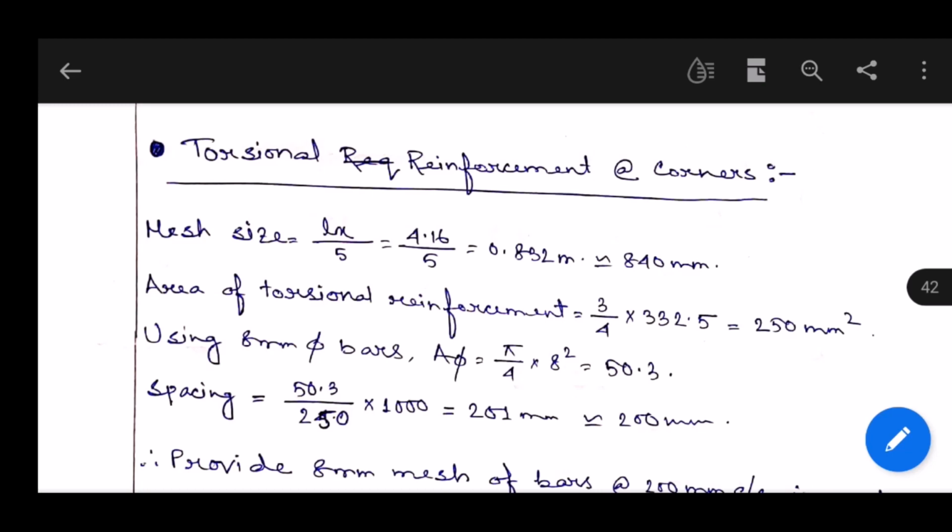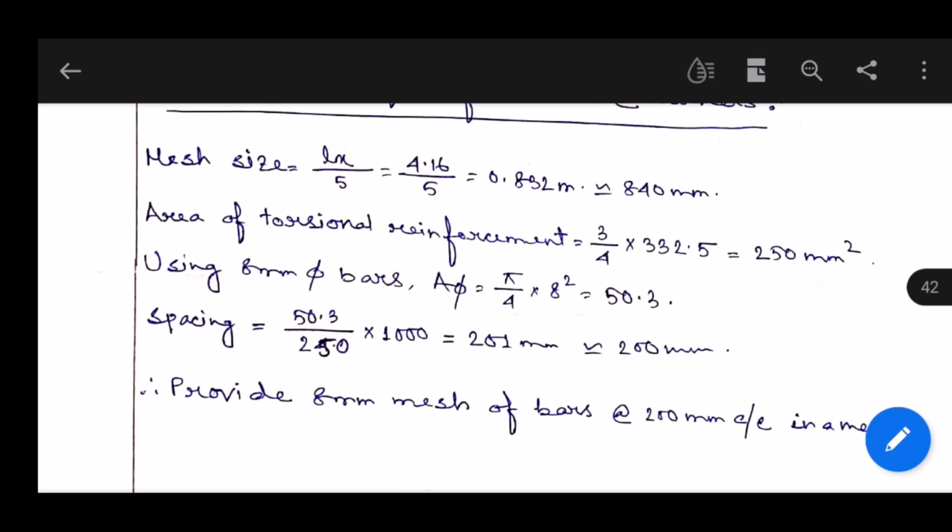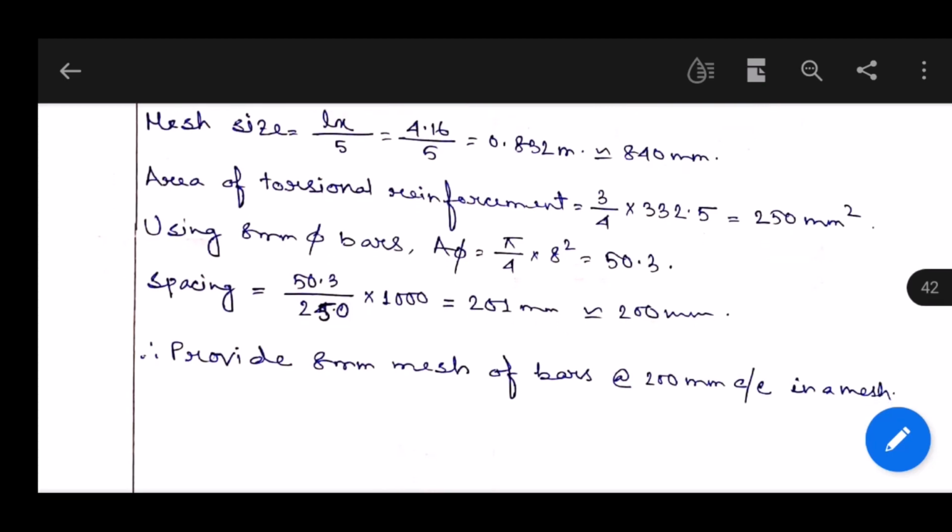Now the area of torsional reinforcement is 3/4, that means 3 by 4 of 332.5, that is equal to 250 mm square. Now using 8 mm dia bars, the area of 1 bar we know is 50.3, so spacing is 50.3 by 250 into 1000, that is equal to 201 mm, or you can say 200 mm. So provide 8 mm bars at 200 mm center to center in a mesh.